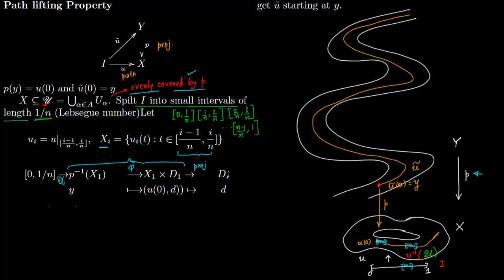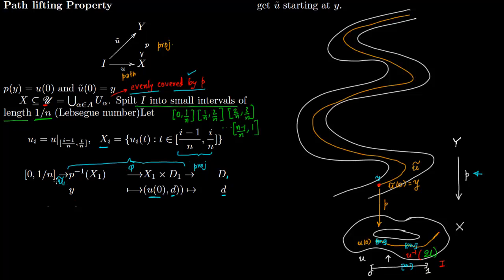So what we do is we take this y and we basically map it to u of 0 and d, where d is discrete. So basically we are choosing y such that y will get mapped to u of 0, and then there is some discrete element d. If you take a projection map, you have d here.